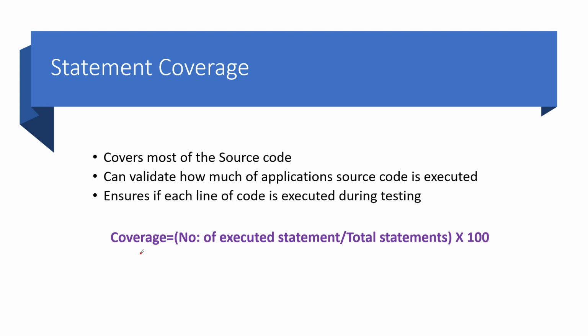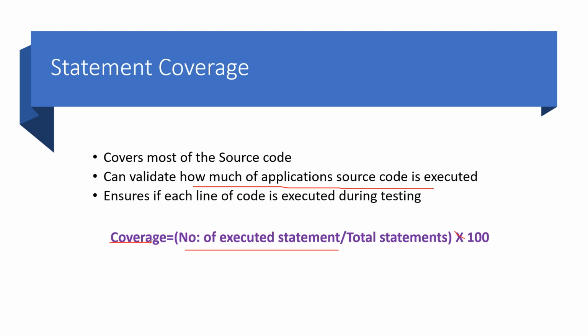So to calculate how much of the source code is executed, they use statement coverage. It ensures that each line of code is executed during testing. We have a formula for that: the number of statements executed divided by the total number of statements, multiplied by 100, gives the statement coverage percentage.